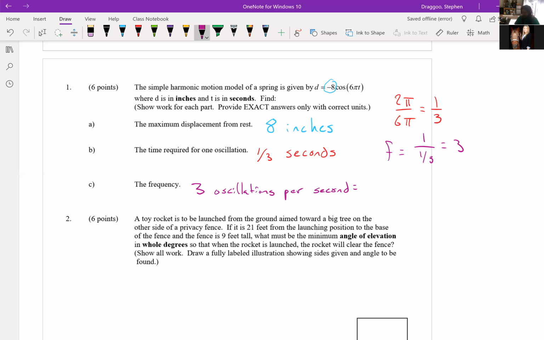And because it's oscillations per second, specifically per second, it is 3 hertz. If this were in minutes, though, minutes do not convert to hertz. Only 1 over seconds convert to hertz.